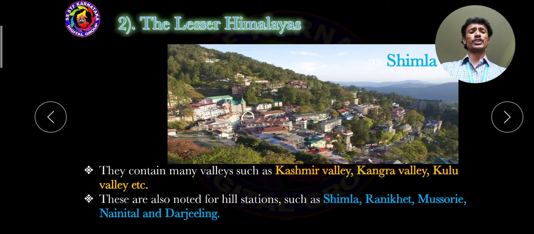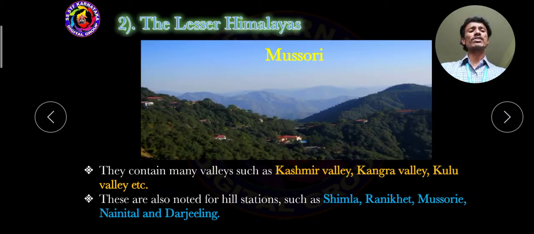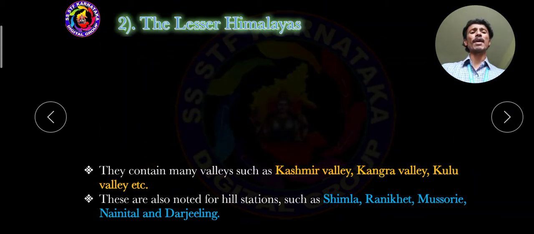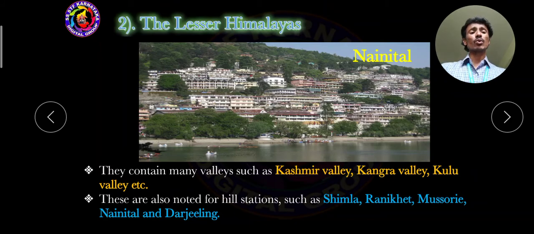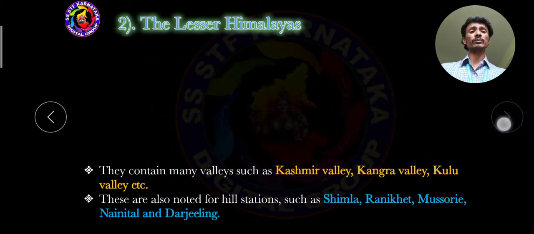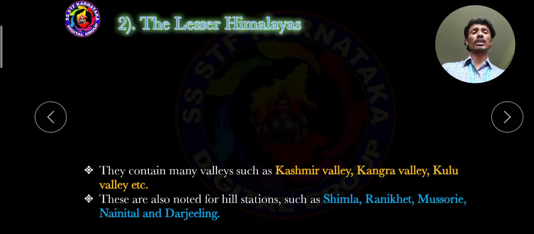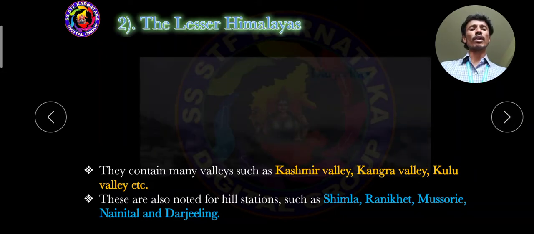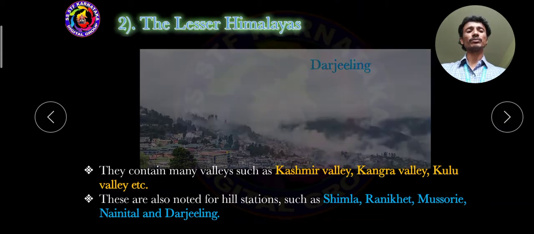This is Shimla, one of the important hill stations. Then Mussoorie, Nainital, and Ranikhet, also important hill stations in the Lesser Himalayas. Then Darjeeling, one of the important beautiful hill stations.